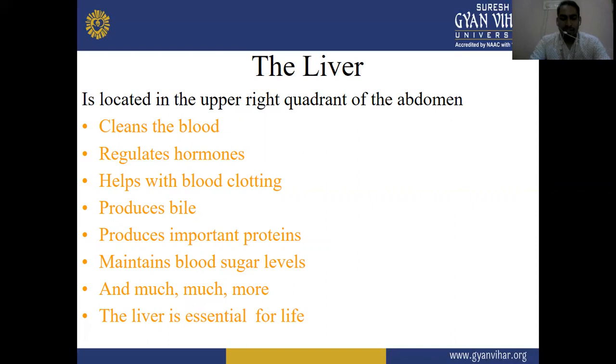Albumin is a major protein made by the liver that plays an important role in regulating blood volume and distribution of fluid in the body.